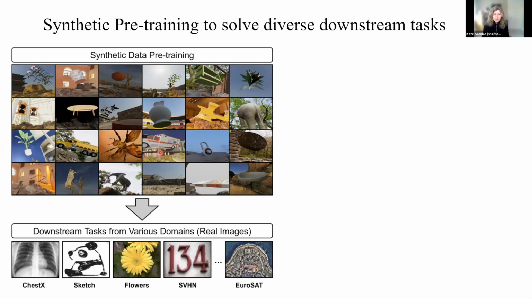After we generate the synthetic data, we pre-train a model, and then we fine-tune or use linear probing on some downstream tasks that you can see here. There are 20 tasks, and they vary in their closeness to ImageNet. Some are closer and some are quite far away.